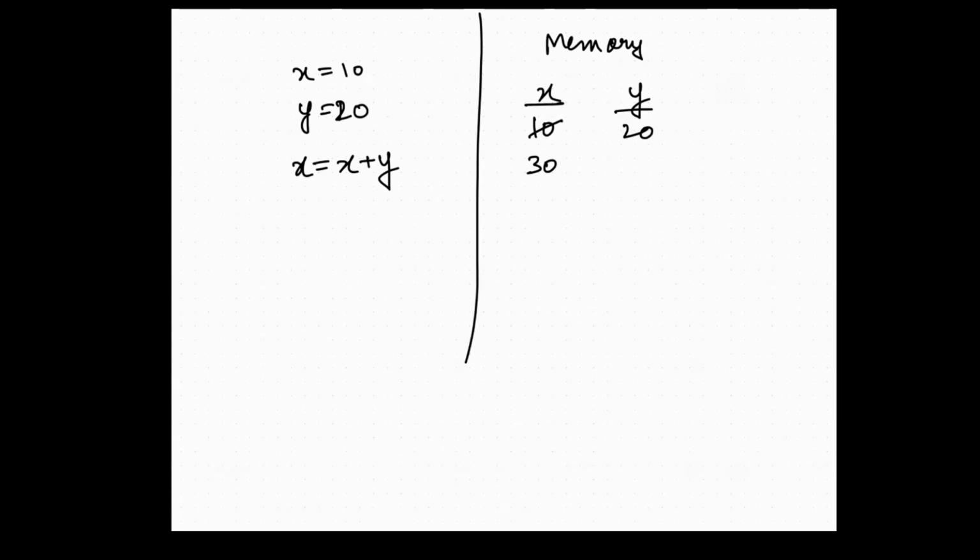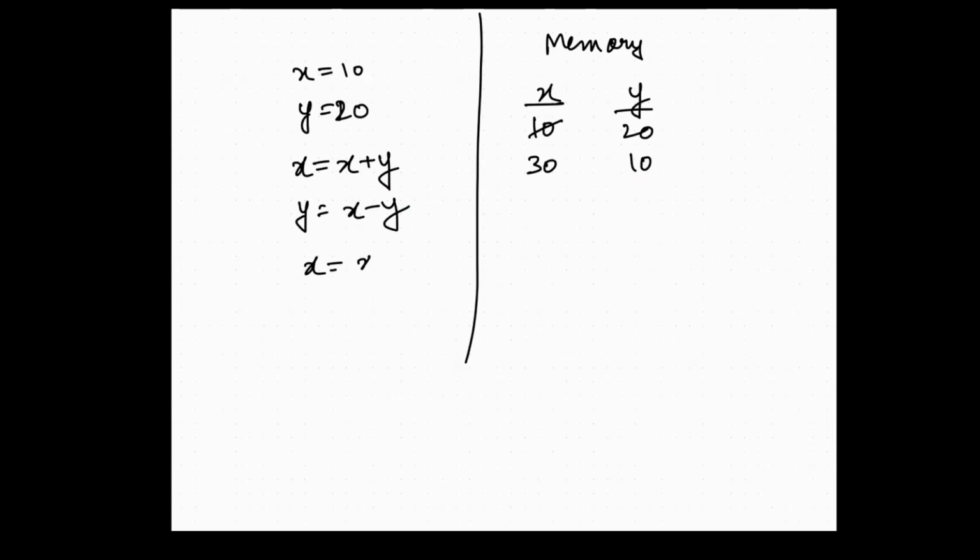X equal to X plus Y. The value of X now becomes 30. I do Y equal to X minus Y. What is the new value of Y now? First, evaluate the expression on the right-hand side of the equality. X minus Y, so the value of X minus Y at this stage is 30 minus 20, which is 10. So when this line executes, the value of Y becomes 10.